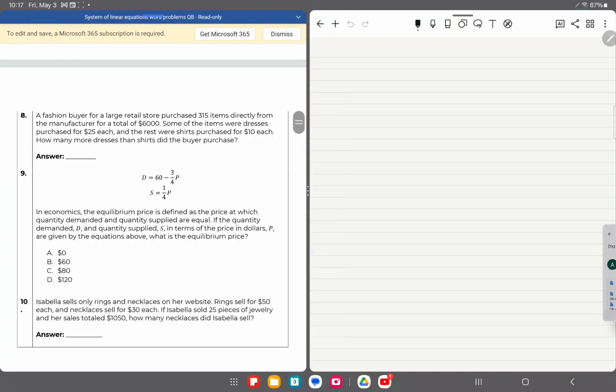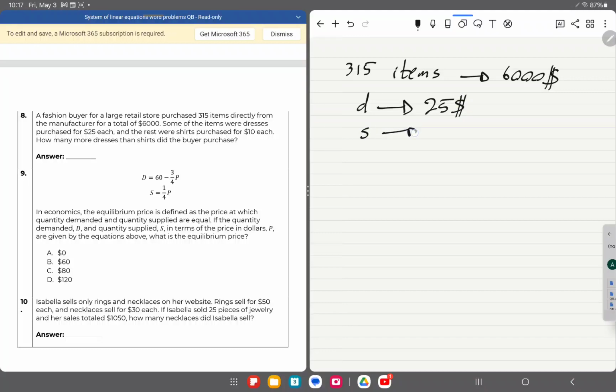Okay, so a fashion buyer for a large retail store purchased 315 items from the manufacturer for a total of $6,000. Some of the items were dresses, a dress is $25 each, and a shirt is $10 each.